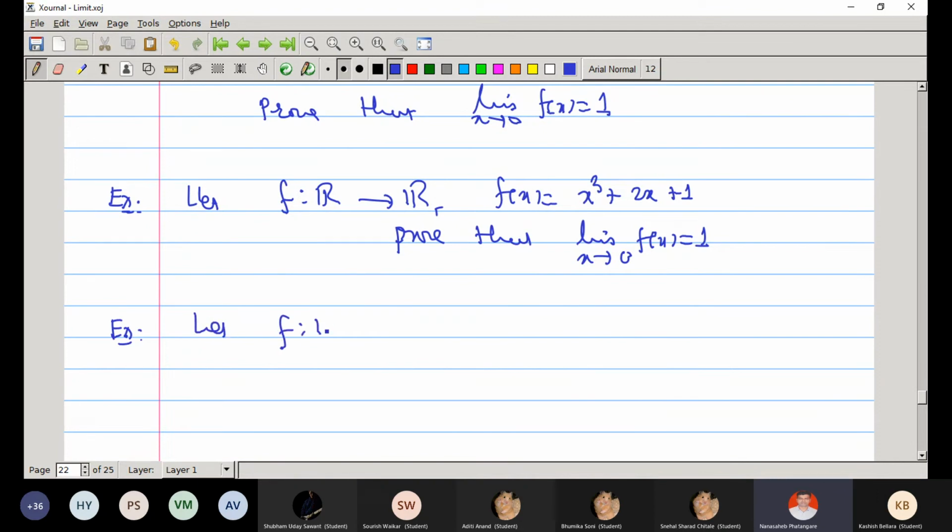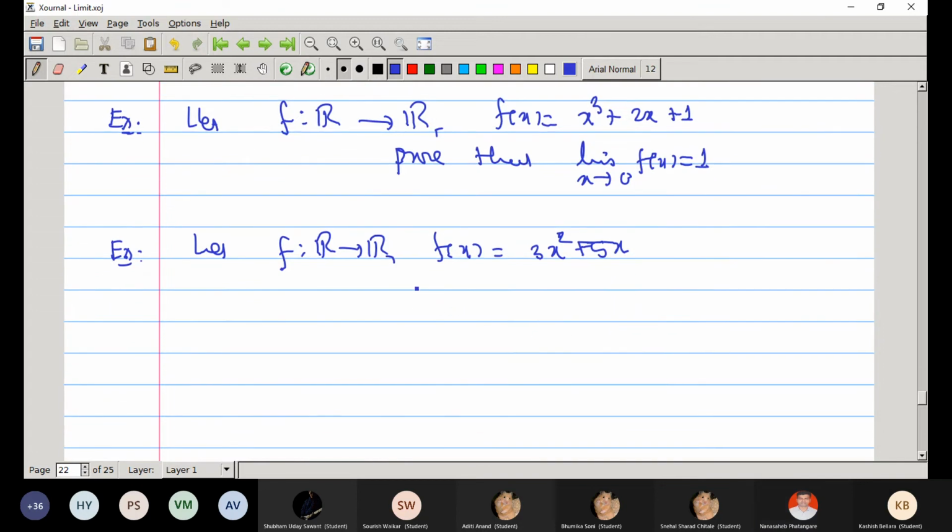Let f from R to R, f of x is equal to 3x square plus 5x. Prove that limit x tends to 2 of f of x is 22.